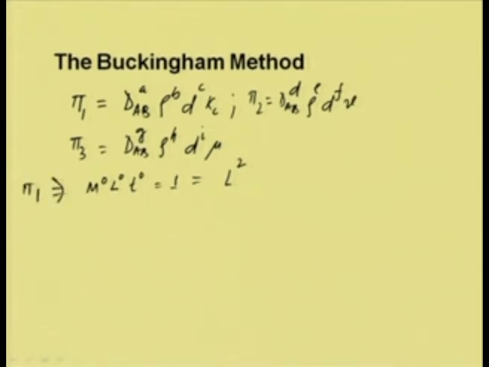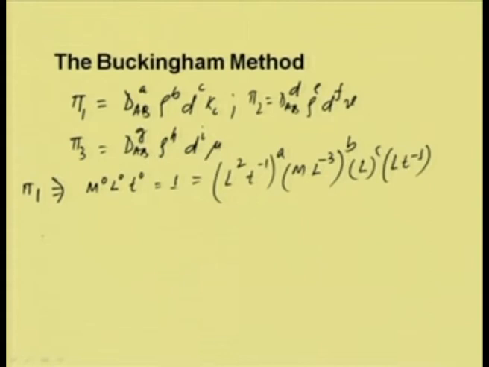We can write L squared T to the power minus 1 to the power A, M L to the power minus 3 to the power B and L to the power C, L T minus 1.